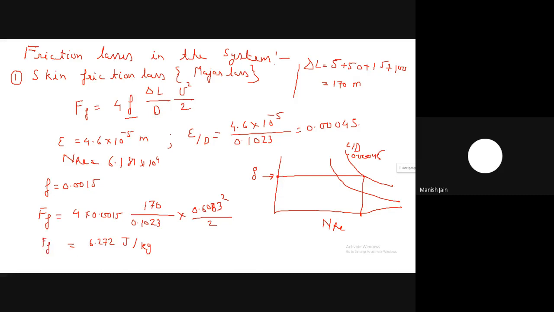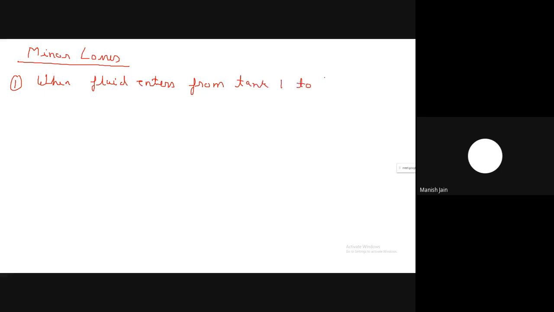Now, once you know the friction loss, you have to calculate the other losses. This is the major loss which occurs in the system. The other losses are the minor losses. In minor losses, the first loss is when fluid enters from tank 1 to the pipeline.